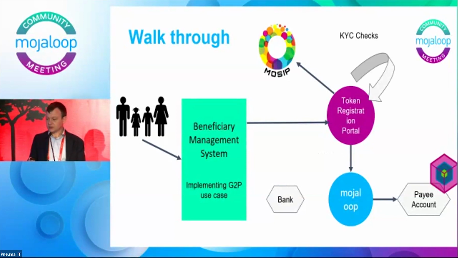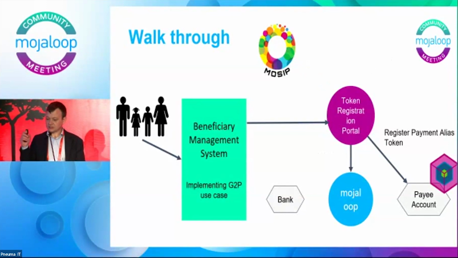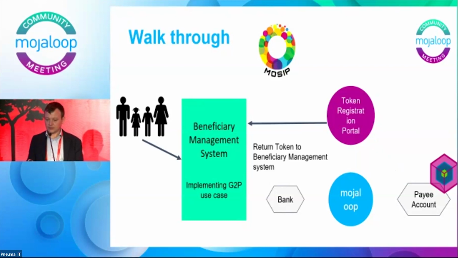So we do some KYC checks, and then we create the token, and then we register the token. We register it both in Mojaloop, and in the payee organization, so that they know how to map that token to the real organization. And then we return that token back to the beneficiary management system. So this token now means something.